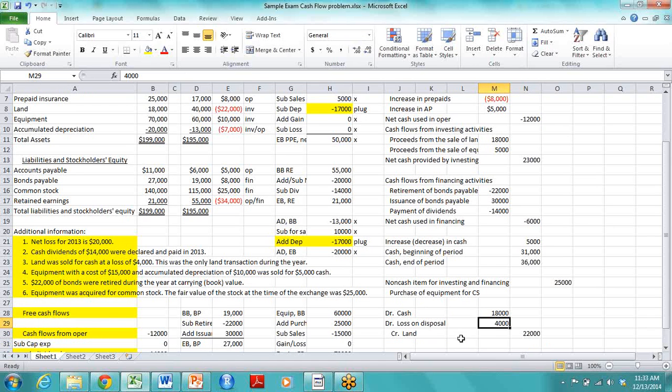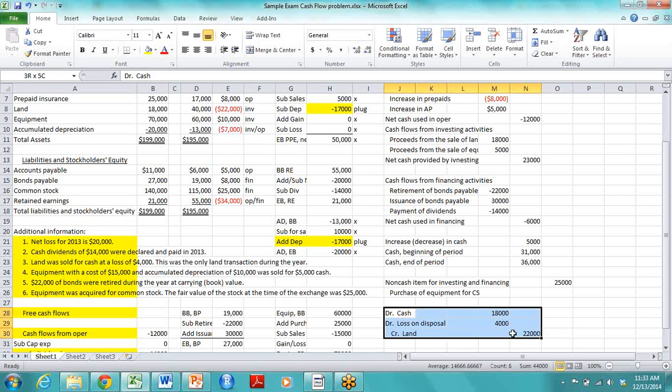It's the only way for your journal entries to work, because remember, when you reduce your land account, when you have a sale, you're reducing it for the cost basis. So that credit to land, or that reduction in land that's shown here, is what the credit amount is, or it's the $22,000. That has to be the only way that anything is going to work based on the information that's given to you.